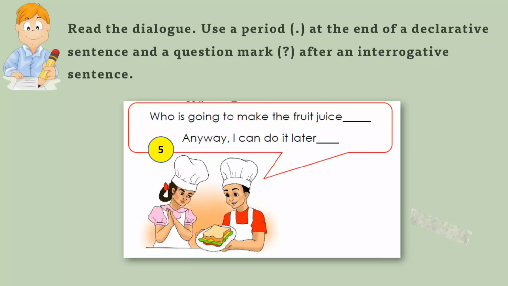Who is going to make the fruit juice? Anyway, I can do it later. What punctuation marks are we going to use? Very good. We will use a question mark in the first sentence and a period in the second sentence.